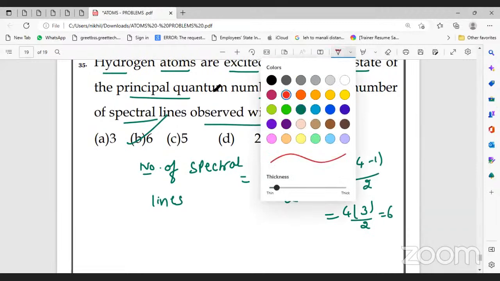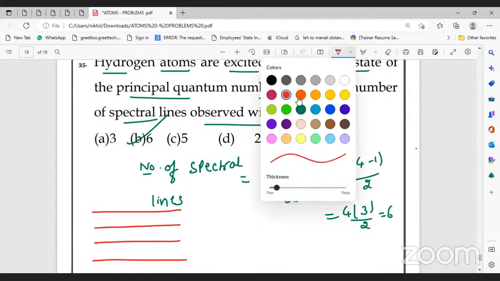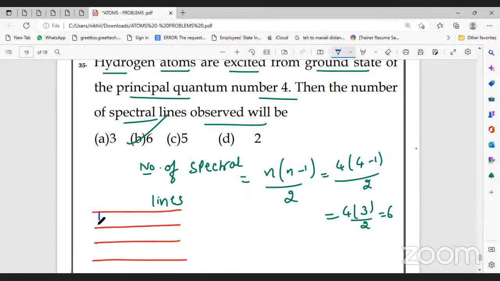If you do not remember the shortcut formula, the quantum number is 4. First line, second line, third line, and this is the fourth line. For these 4 levels, you have to write the transitions. Possible values are 4 to 1, 4 to 3, 4 to 2.